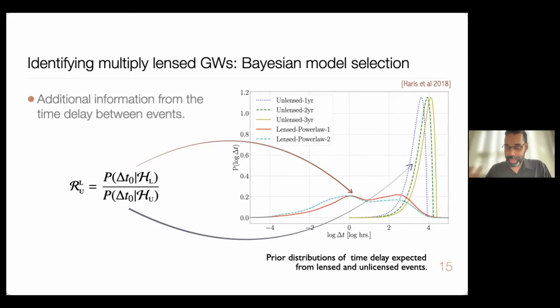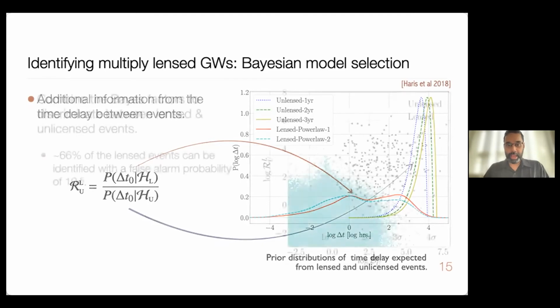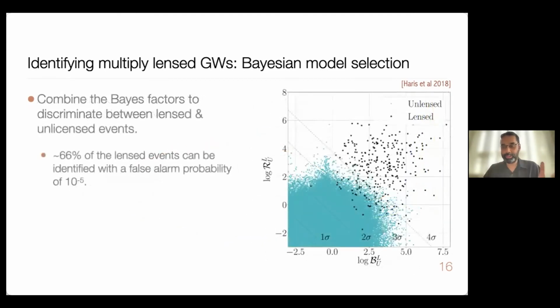For example, at the current sensitivity of Advanced LIGO, if we observe signals with very small time delays, then it prefers the lensing hypothesis, although it does not confirm it. So by combining these two different ways of calculating the likelihoods of the lensing versus unlensed hypothesis, one can improve our ability to distinguish between lensed and unlensed events.